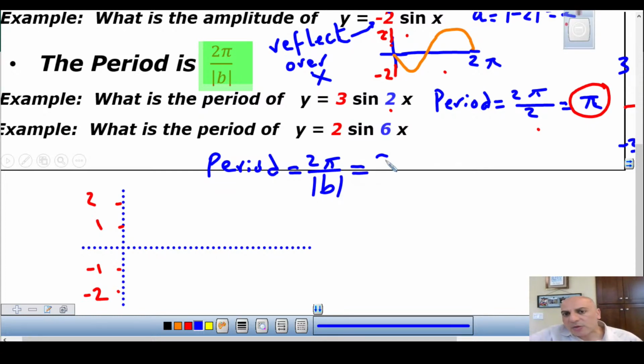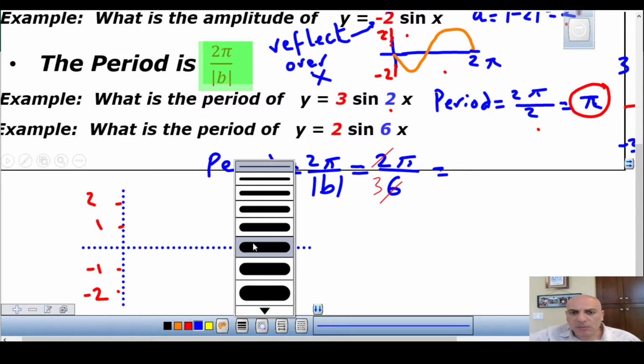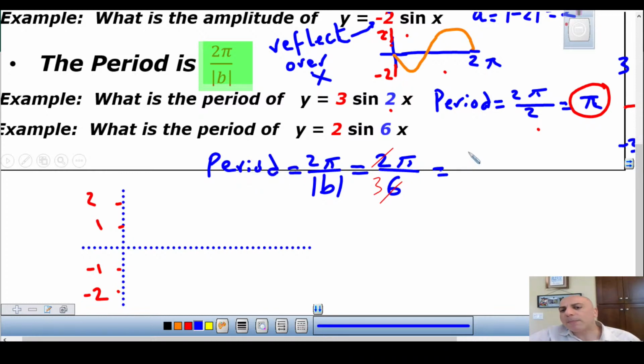In my case, 2 pi divided by what? By the 6, which is, use your Fruit Ninja and chop chop. I end up with pi over 3. How much is pi over 3, by the way?